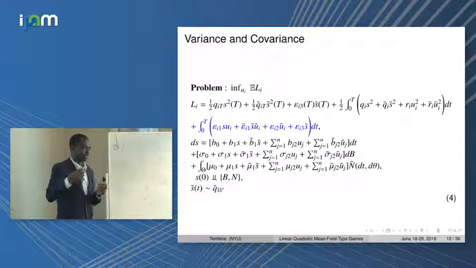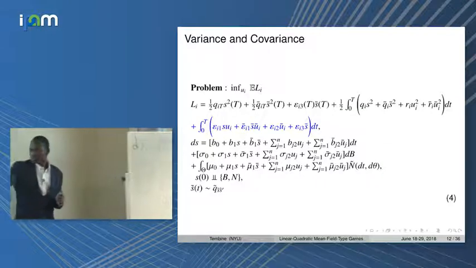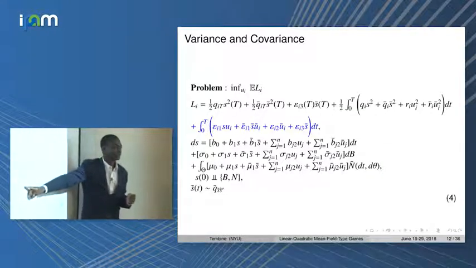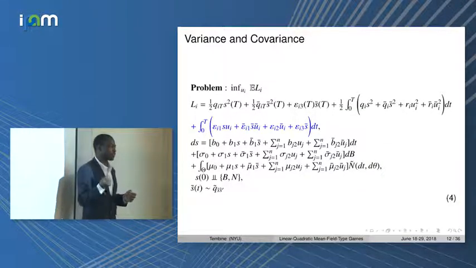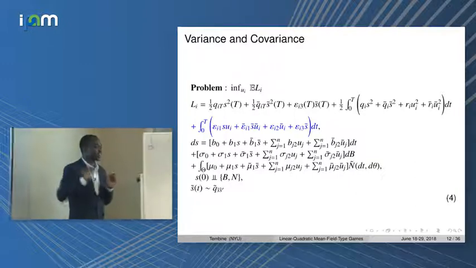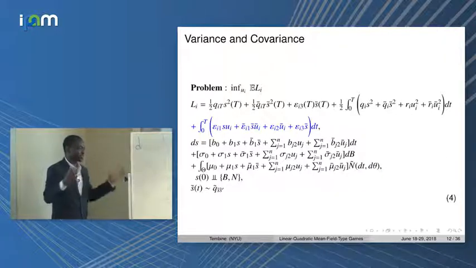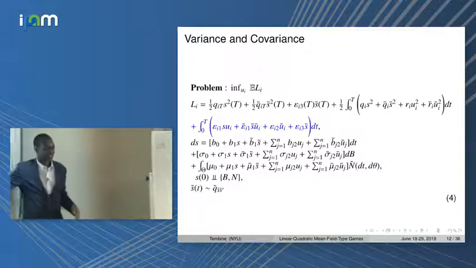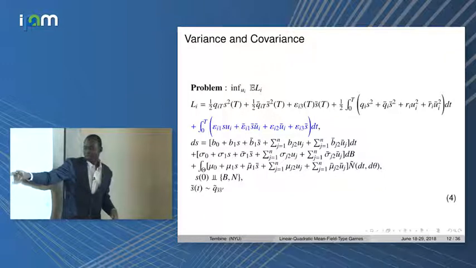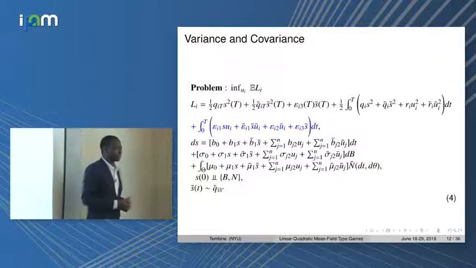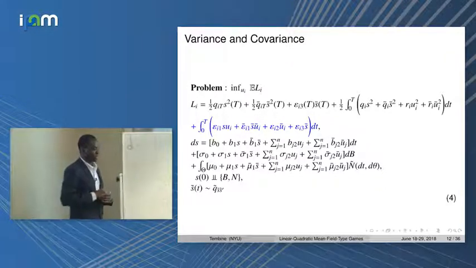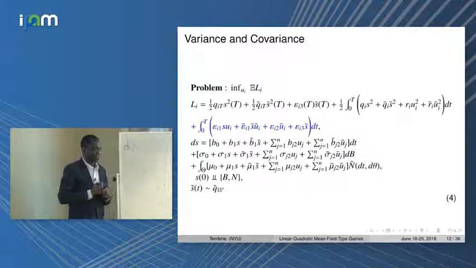You have seen in the example yesterday that the diffusion coefficient and the jump coefficients depend on the control, because you need to decide how much money you invest here and there. So your control appears there. It's not just something that we create for our math, but because in the application, the controls appear in those types of noises.